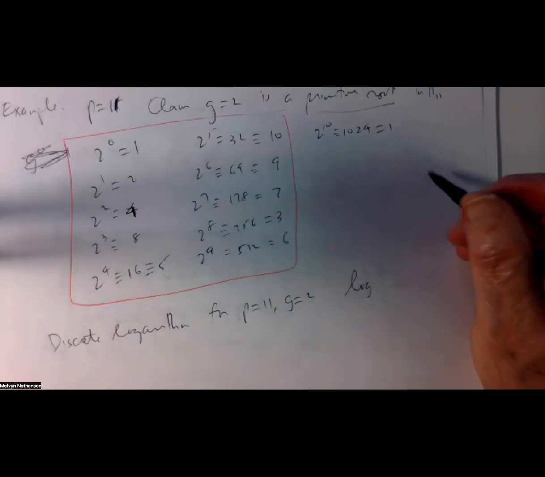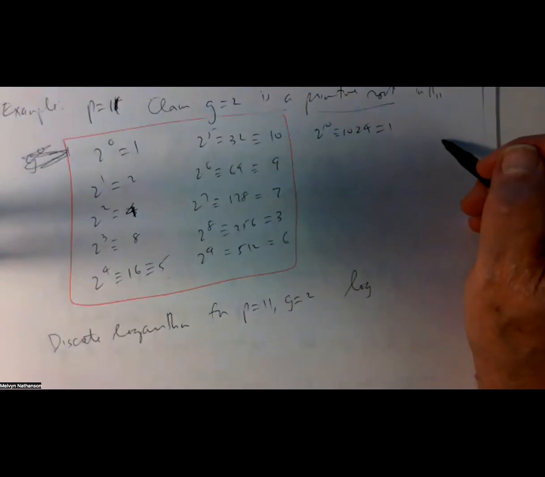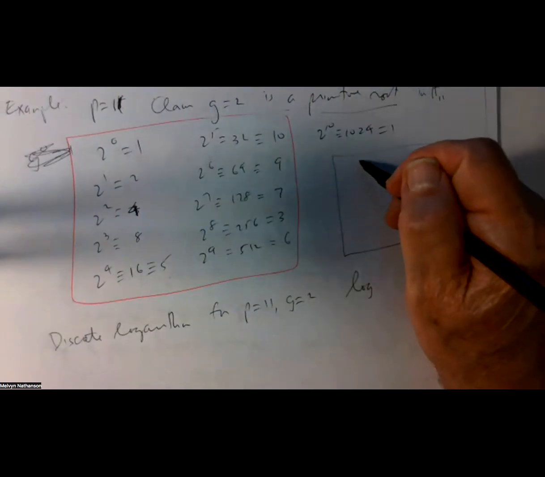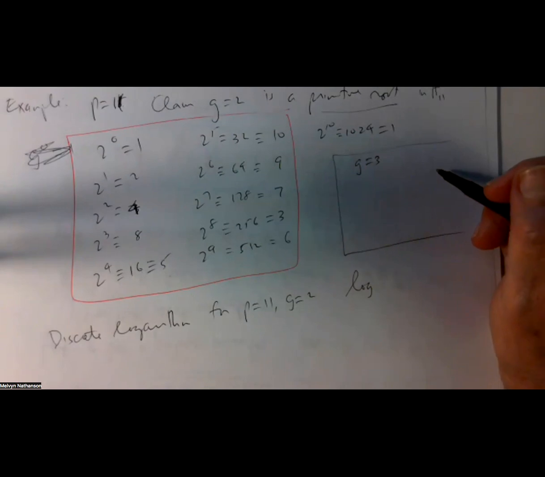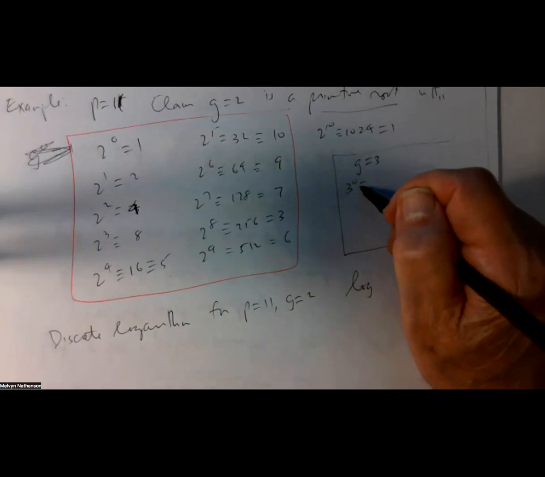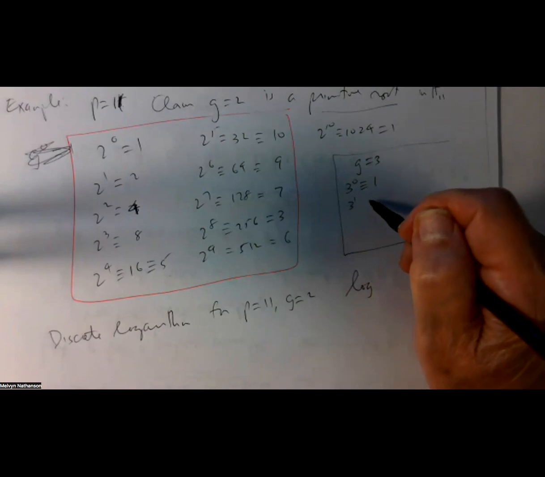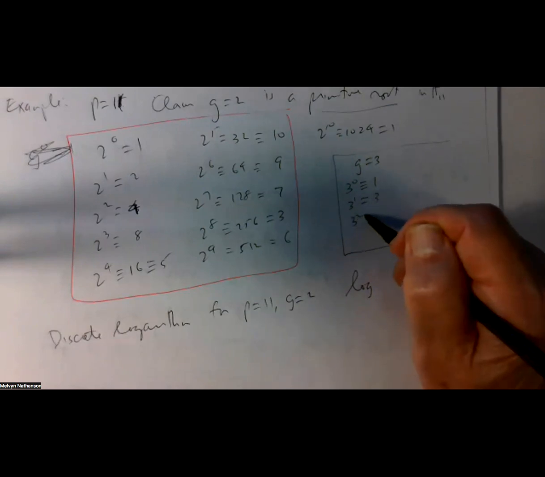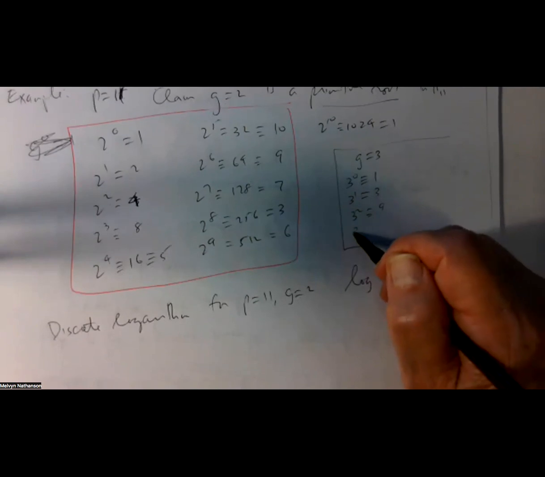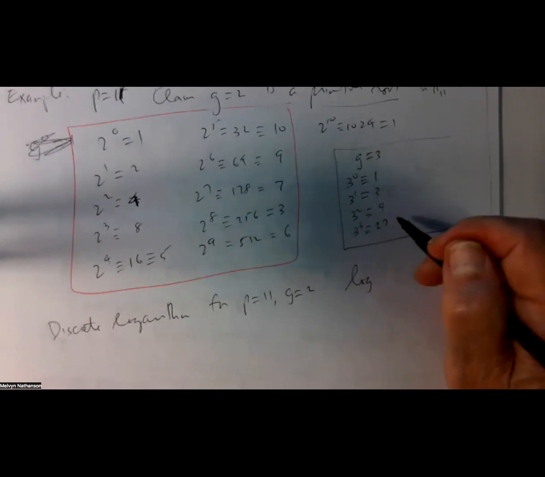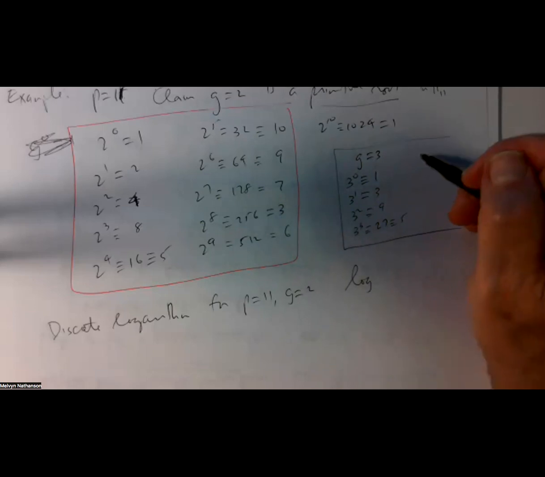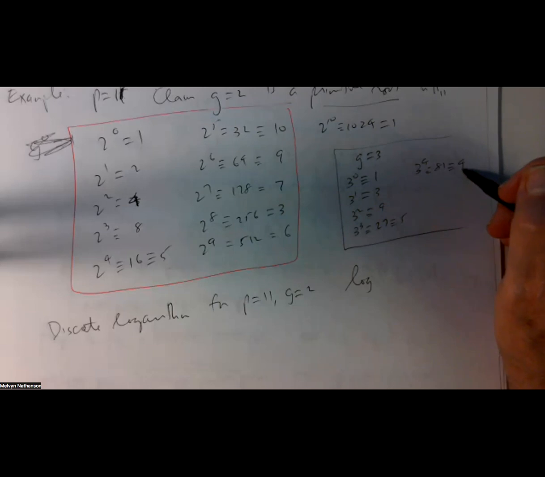Let's look at another example. Suppose for P equal to 11, I took G equal to 3. What are the powers of 3? 3 to the 0 is 1. 3 to the first power is 3. 3 squared is 9. 3 cubed is 27. Mod 11, that's 5. 3 to the fourth power, which is 81. Mod 11, that's 4. 3 to the fifth power is 243. Mod 11, what is that?